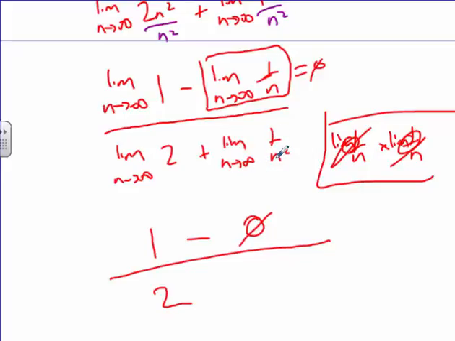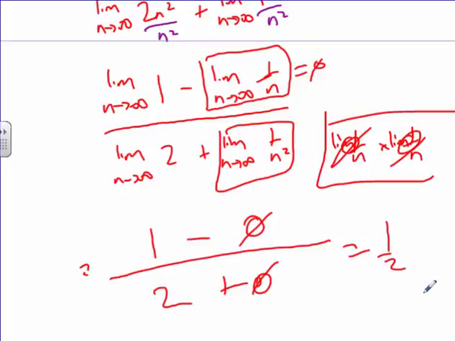If you did 1 over 100, well, 100 would now become 10,000. 1 over 10,000 is getting really close to 0. Now I don't need my limits anymore, because this one right here, the limit's no longer necessary. And for these ones right here, I just used my new property, so they're now equivalent to 0. I'm replacing the whole thing with 0.